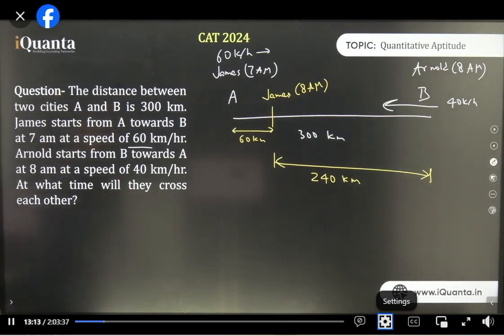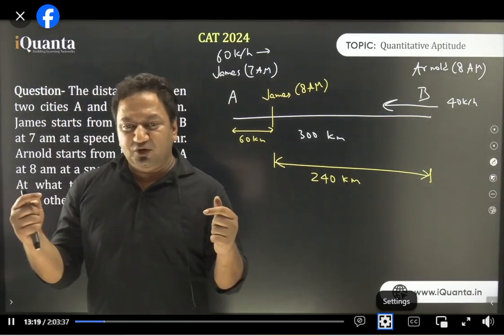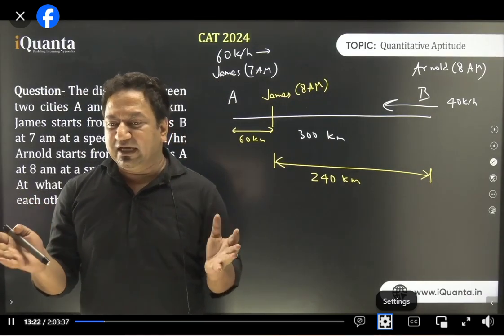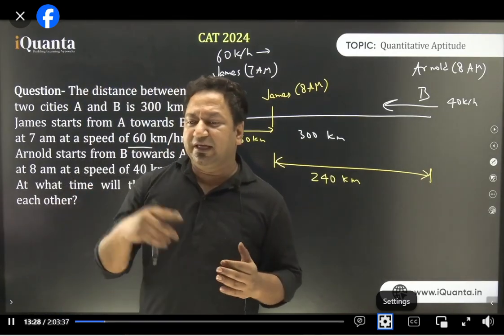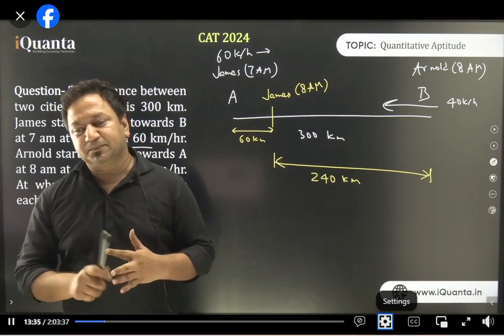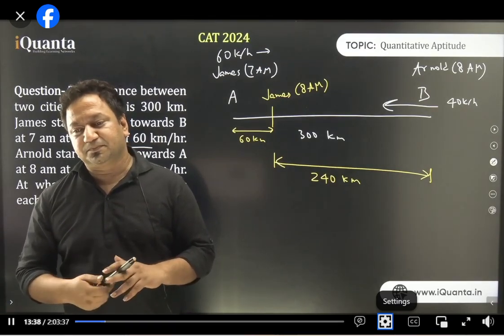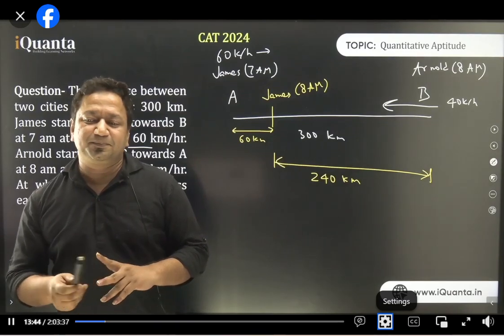Okay. Now, it's the case which I was telling you in the first slide. They are moving towards each other. That means direction is same or different? What's the direction here? Are they moving in the same direction or the opposite direction? Some people will say opposite, some will say same.